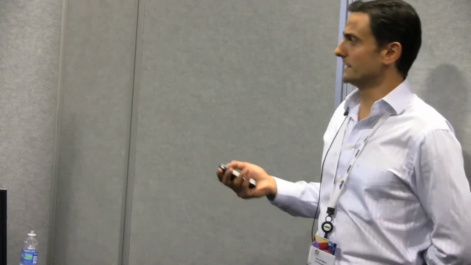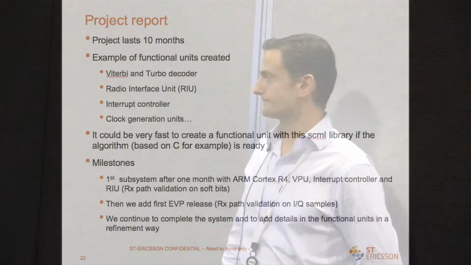So all the blocks were not finished, but we already had enough to start the validation of the RX path with soft bits. So it means that we bypass in fact the EVP processing and directly put soft bits samples at this part in the simulation chain.